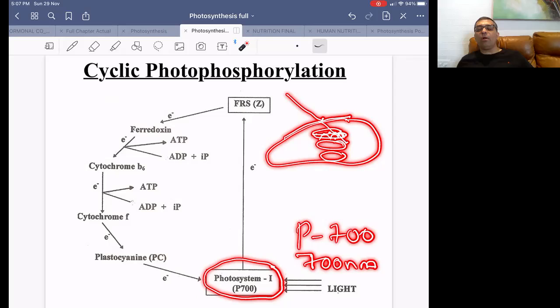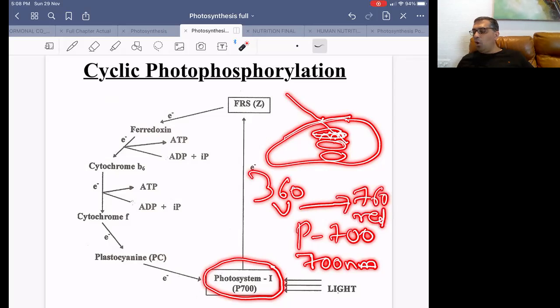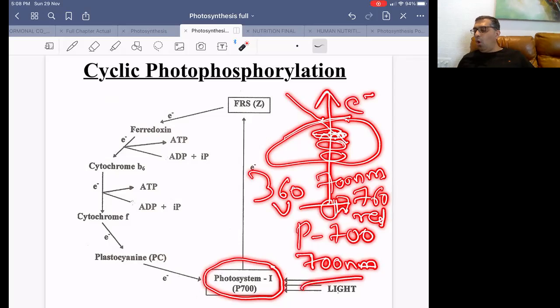So VIBGYOR, the visible spectrum, in VIBGYOR goes from 360, which is violet, all the way till 760, which is red. At 700 nanometer wavelength the chlorophyll A shoots out its electron and hence it is called P700 or photosystem 1.